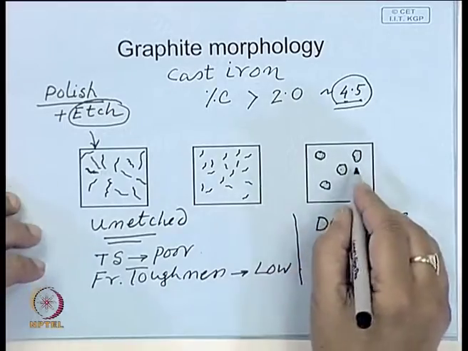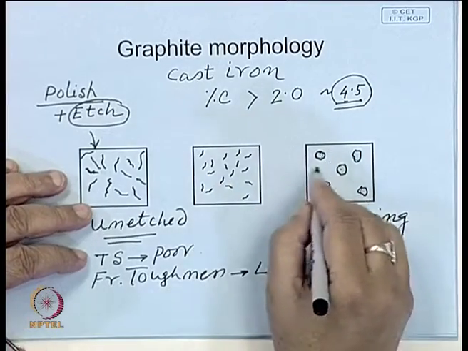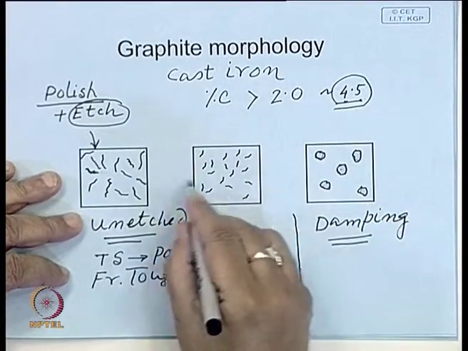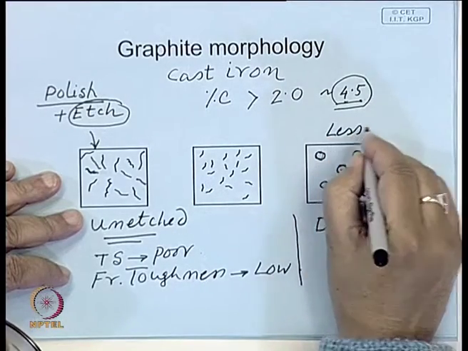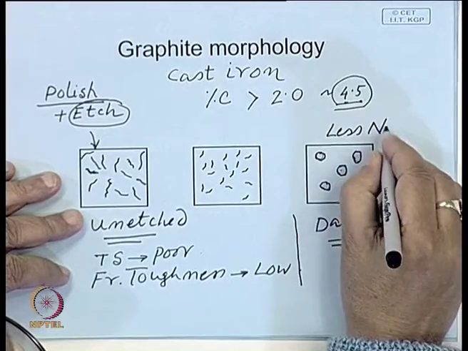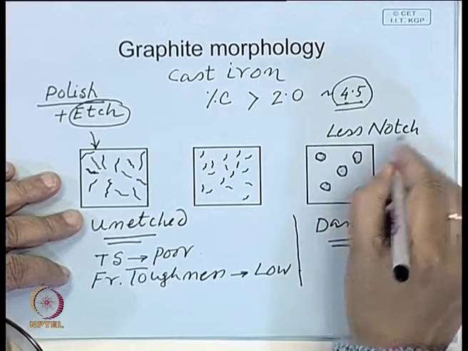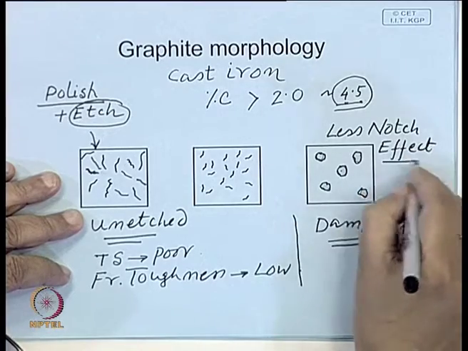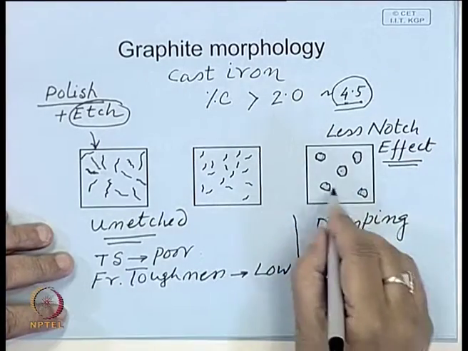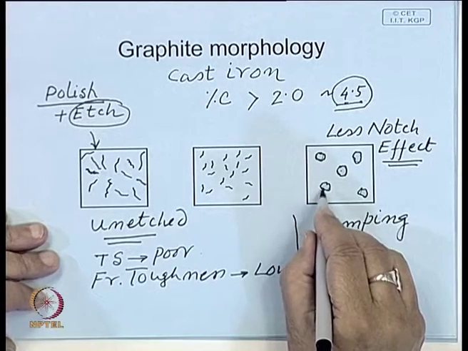And nodular cast iron, if you can control its morphology, here this notch effect is less. So, therefore, here the chance of crack propagation is little less.